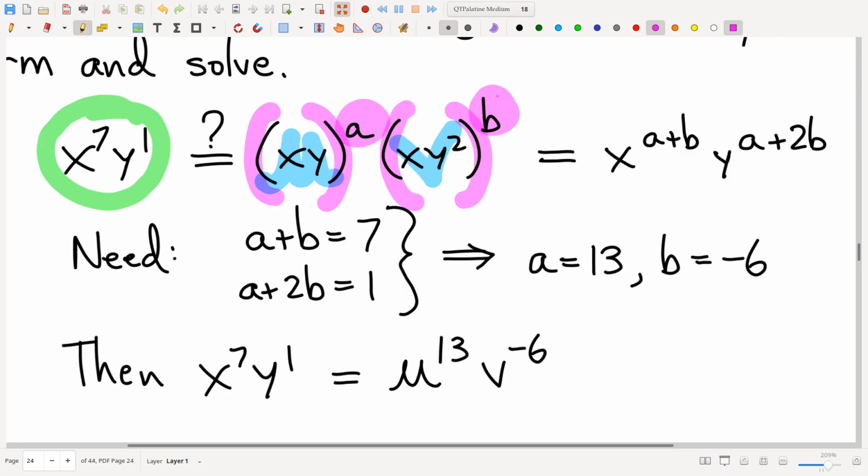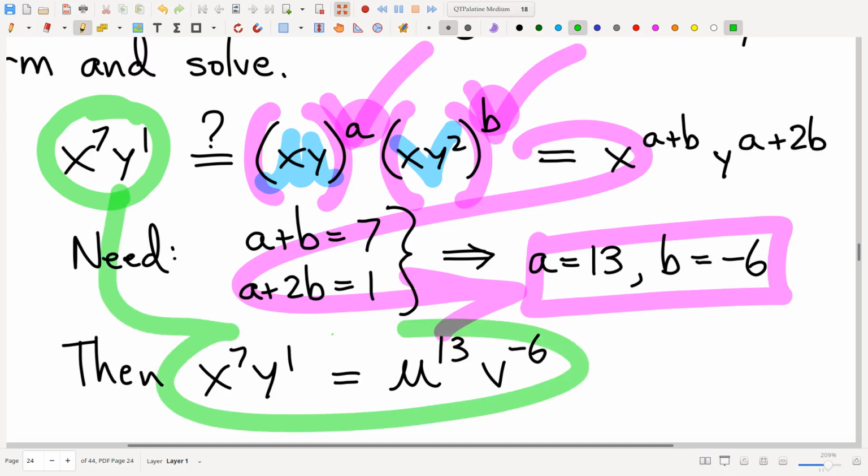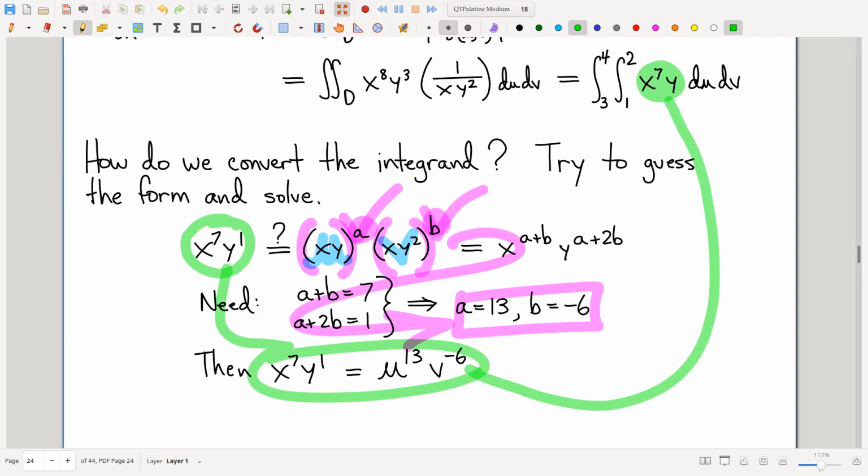So anyway, you can play algebra games and work out and determine what these constants a and b are. And once you found a and b, then you can rewrite your integrand, and that is what becomes my new integrand. Then we can just do the question in the uv plane. That make sense? Everybody good?